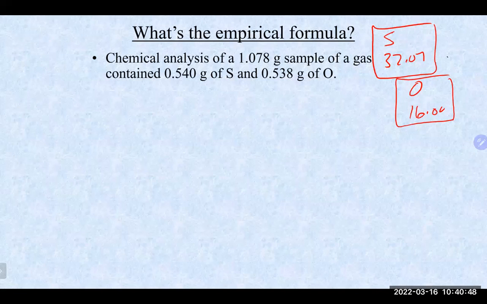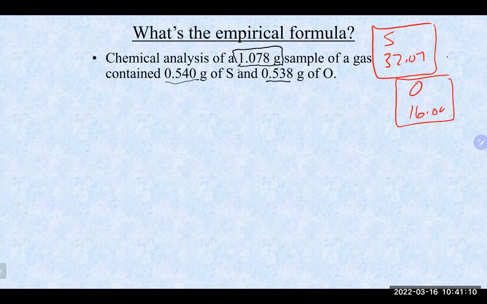Okay, let's take a look and see. In this particular case, a little bit different than the one we did last time, which had the percent composition, this is a sample that contains sulfur and oxygen only, with a total mass of 1.078 grams. It is 0.54 grams of sulfur and 0.538 grams of oxygen.